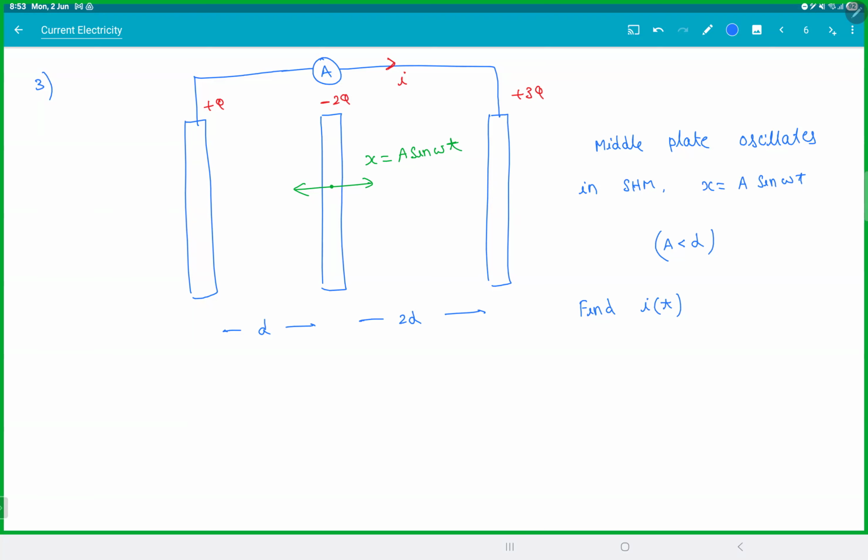How do we approach this? I hope you guys remember the result. Q1 D1 is equal to Q2 D2.